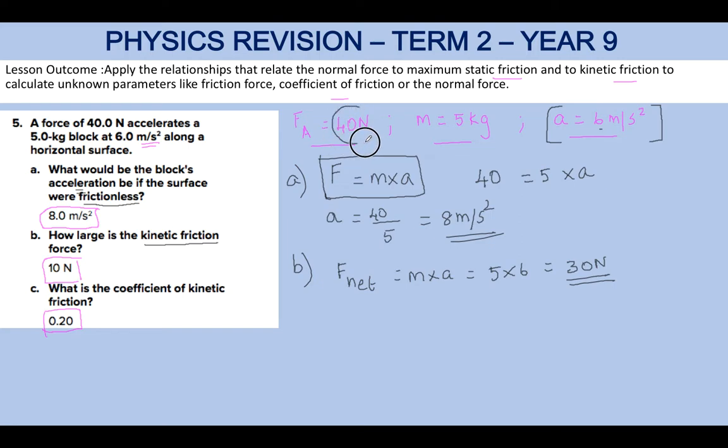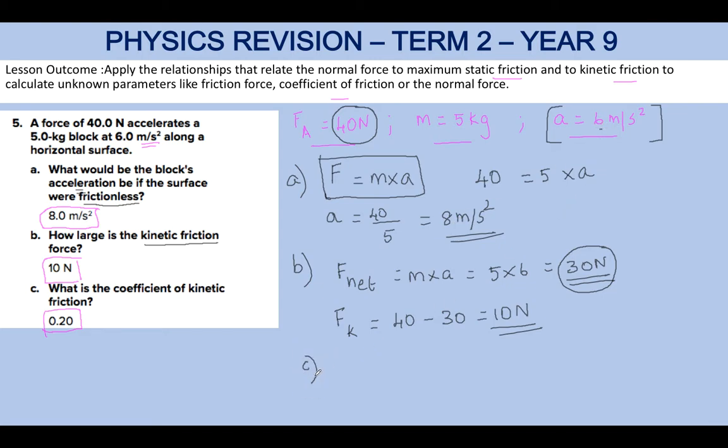Applied force is 40, but 30 Newton is the net force. So what is the opposing force acting on it? The difference between these two, right? So the kinetic friction will be equal to 40 minus 30. So 10 Newton is the kinetic friction acting on the object, which makes it slow down. Instead of 8, it's moving with 6 meters per second square.